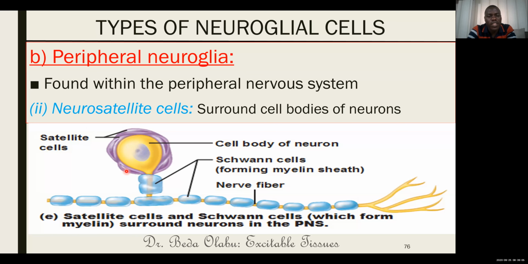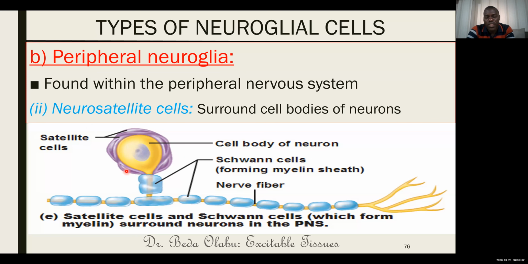We believe that by being in that specific location, the neurosatellite cells provide structural and nutritional support to the cell bodies of neurons within the peripheral nervous system. They provide structural and nutritional support to cell bodies of neurons outside the central nervous system.